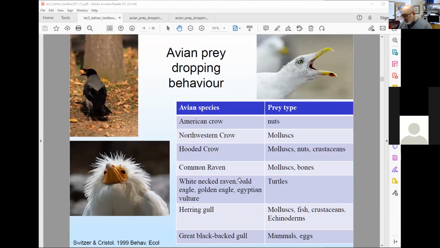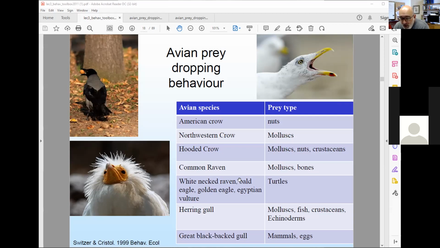Okay. I'm going to just talk a little bit about one set of behaviors, and we'll just finish off with this. It's going to be a few slides. So these are birds, clearly. Many birds, when they're feeding or foraging, will forage on food items that are physically hard. And so they have to crack them open somehow.